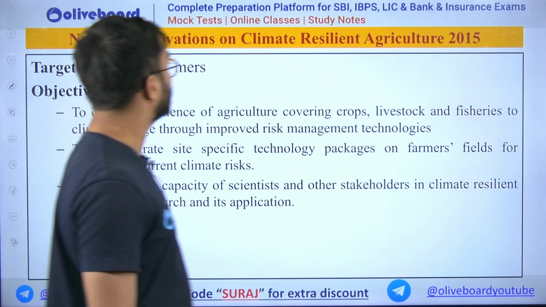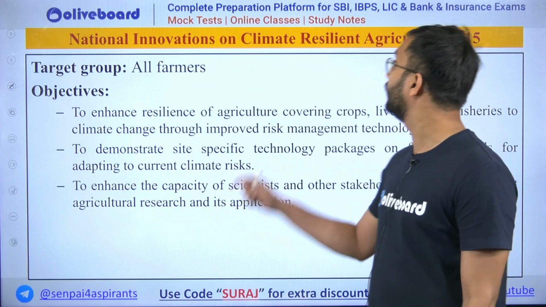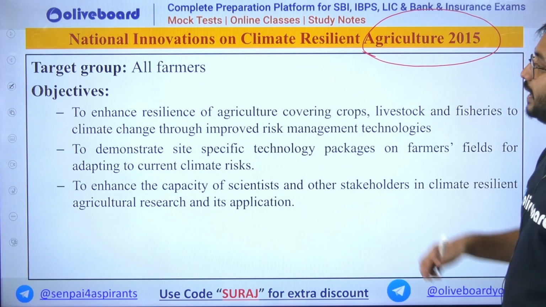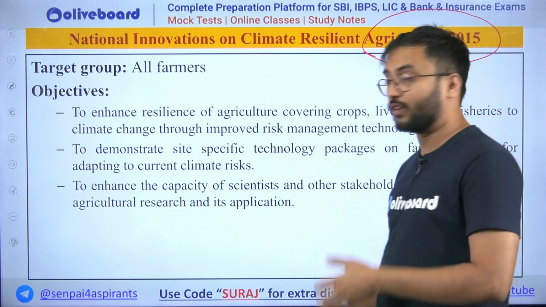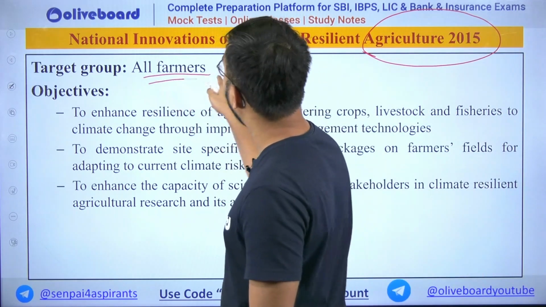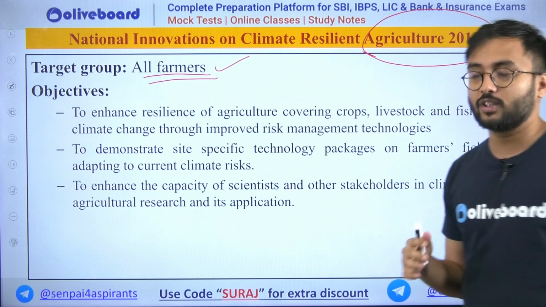Then National Innovation on Climate Resilient Agriculture 2015. Try to understand, the target groups are of course all farmers. What is the objective?